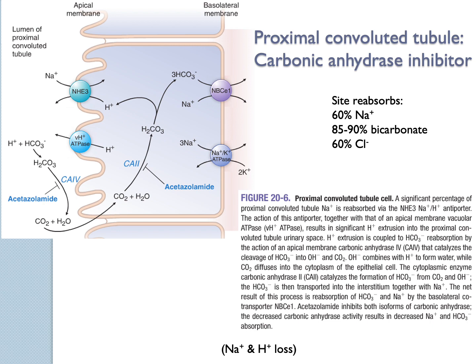So what happens is that acetazolamide is the name of the drug. It inhibits the enzyme carbonic anhydrase, types 4 and also 2. Sorry, my mouse.